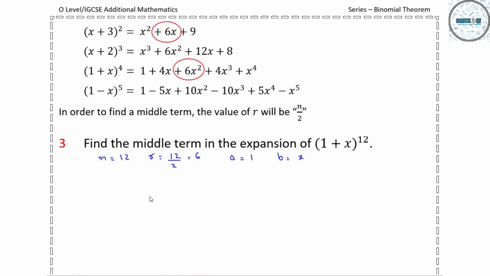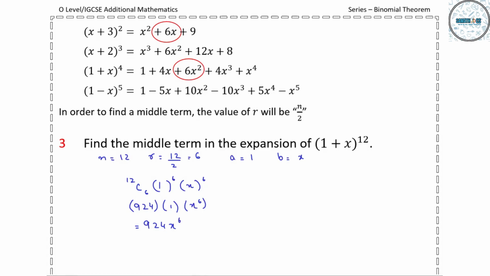We will substitute these values in the formula. 12C6, 1^(12-6), which is 1^6, x^6. 12C6 is 924, 1^6 is 1, x^6 is x^6. So the final answer is 924x^6, which is the middle term in the expansion of (1 + x)^12.